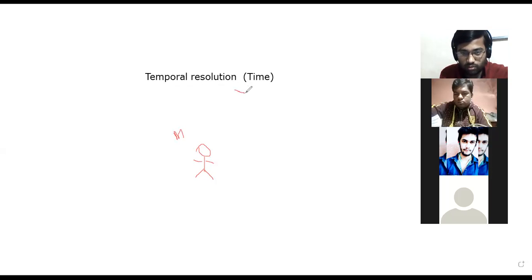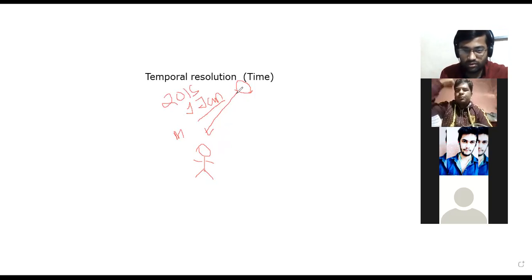Now, with the help of a satellite and temporal resolution, what I am doing is, I'll capture the imagery of Mayank, let's say on 1st January. So I have captured the photograph of Mayank on 1st January, in 2015.